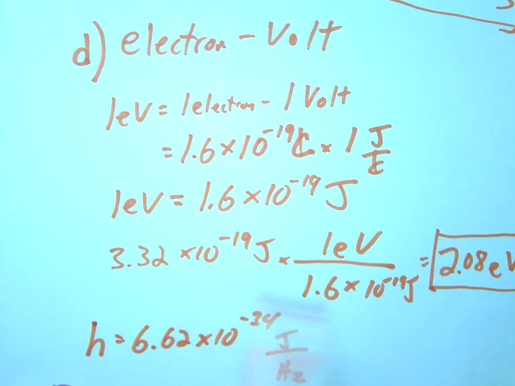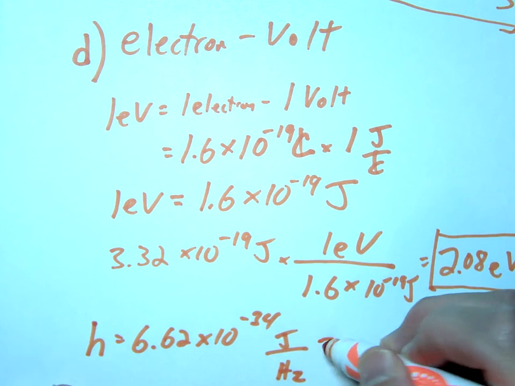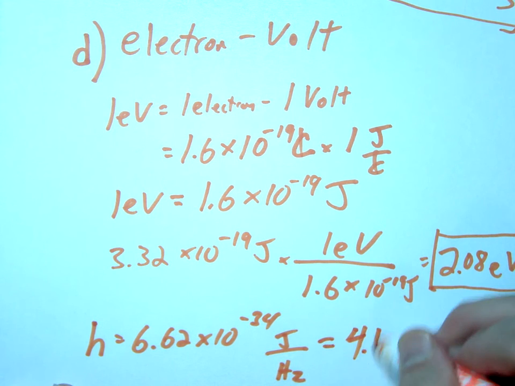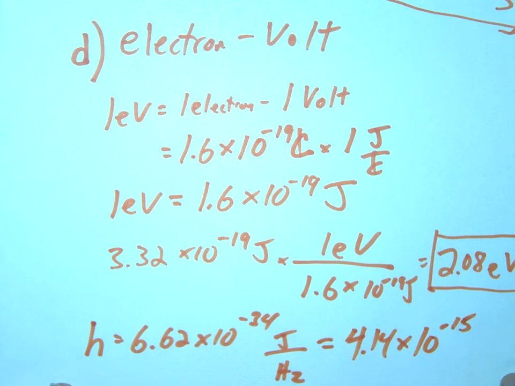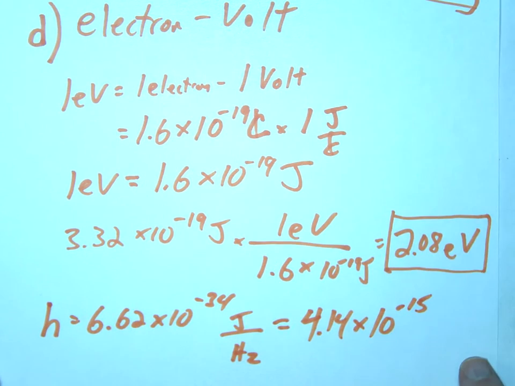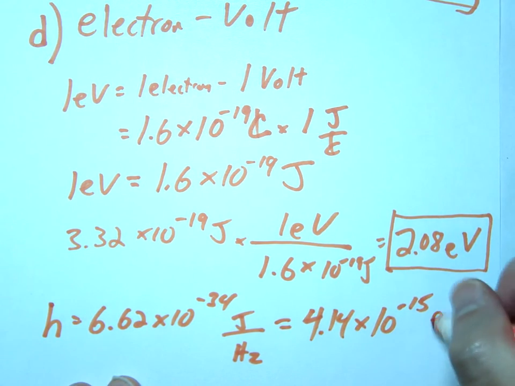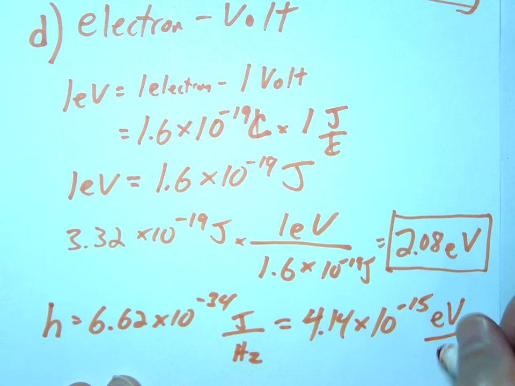And so if we go ahead and divide by 1.6 times 10 to the negative 19, what you're going to get is 4.14 times 10 to the negative 15. So this is just another version of Planck's constant. Sometimes you're going to want to go into electron volts directly and bypass having to do the conversion. In that case, you're going to want to use this version of Planck's constant instead of this one.